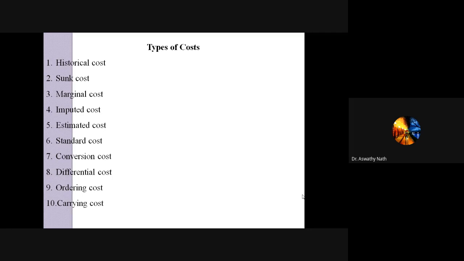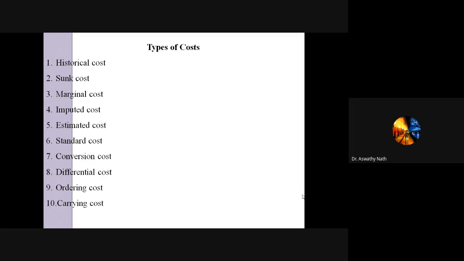We can call it a scientifically estimated cost. So scientifically estimated costs are called standard cost. Normally, the standard cost provides a yardstick against which the actual cost is compared. So we compare the actual cost against this standard cost. This is a yardstick.